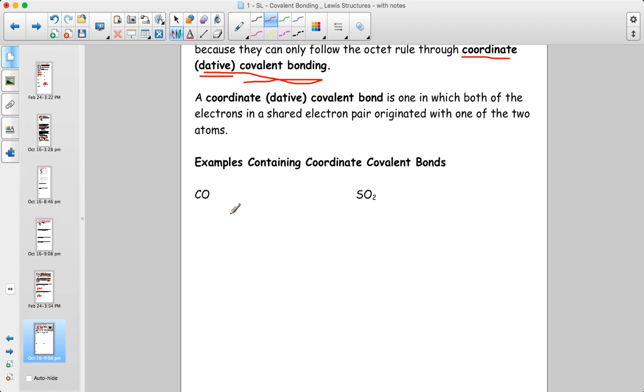So carbon monoxide is sort of a classic example where people try to draw it and they get stuck. Carbon has 4 valence electrons, and you should associate carbon with normally forming 4 bonds. Oxygen has 6 valence electrons, and so going into it, we would expect oxygen to form 2.